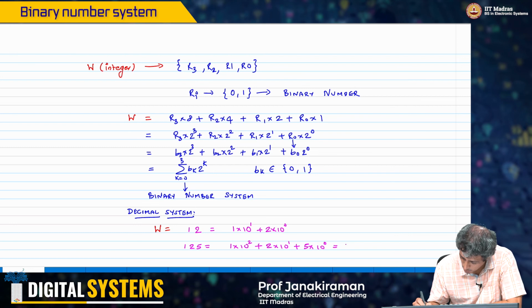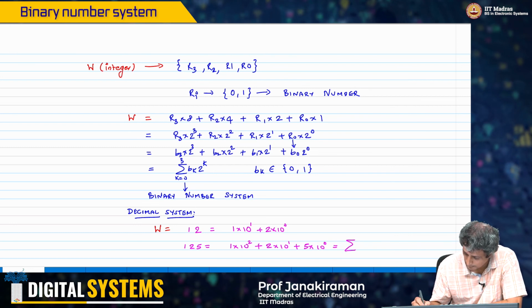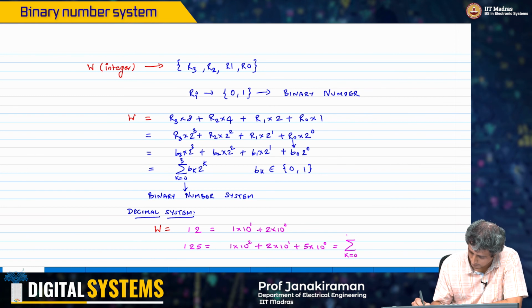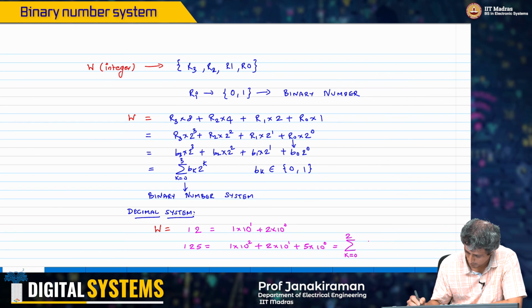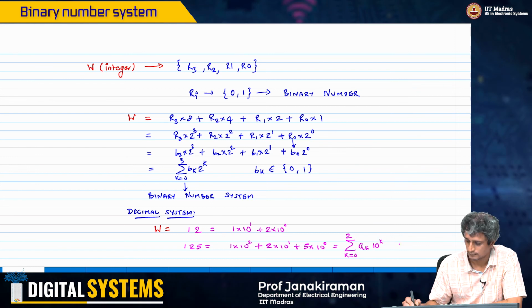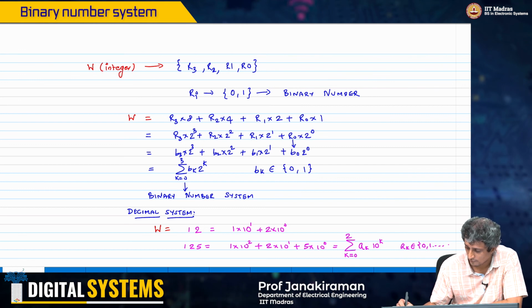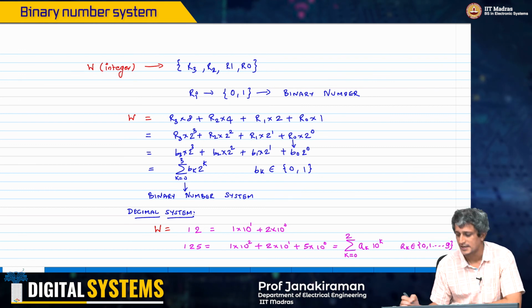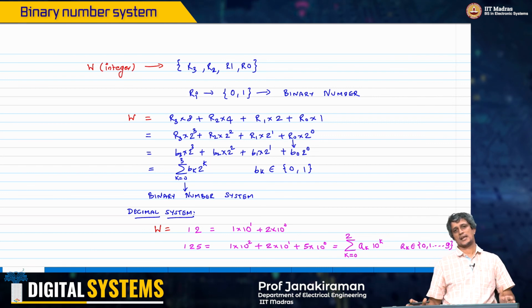So this is represented as the sum over k equal to 0 to 2 of ak into 10 power k, where ak is 0, 1, all the way to 9, any integer between 0 and 9.